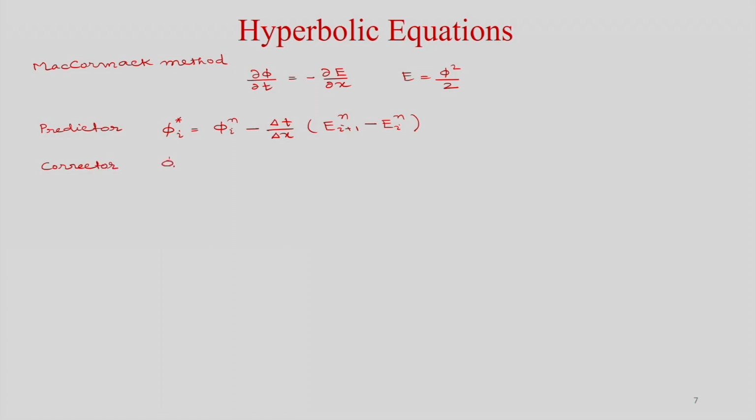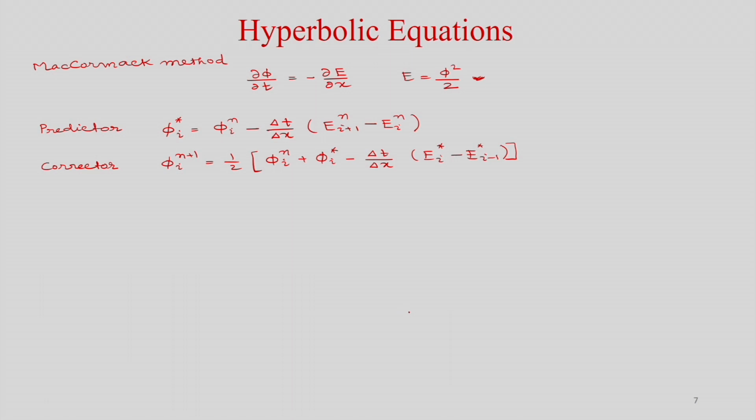you will find phi I n plus 1 is equal to half phi I n plus phi I star minus del t by del x, E I star minus E I minus 1 star. So, you can see that forward difference we have used in the predictor step for the spatial derivative and backward difference we have used in the corrector step for the spatial derivative, and E you can replace later with phi square by 2.